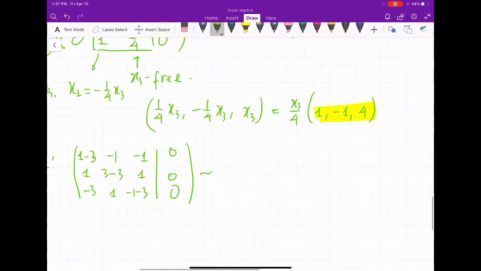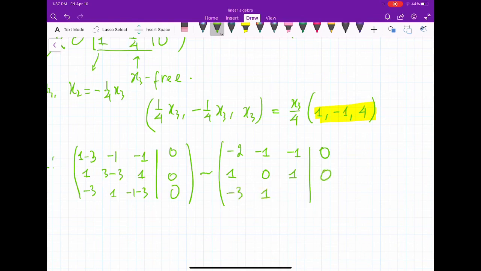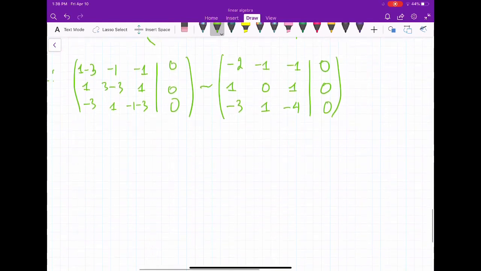So this is -2, -1, -1, 0, 1, 0, 1, 0, -3, 1, -4, 0. You can multiply the second row with 2 and add to the first, and multiply second row with 3, add to the third, right? So you might have the following one.